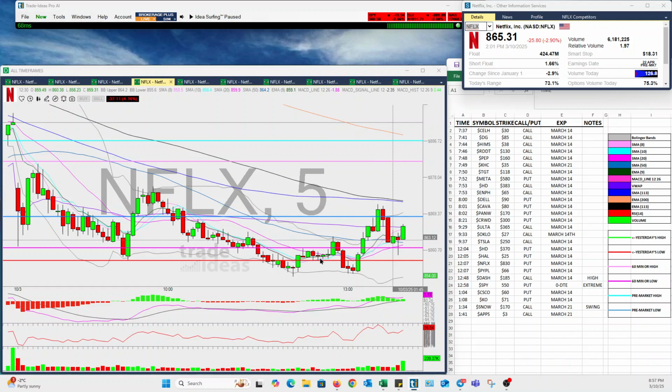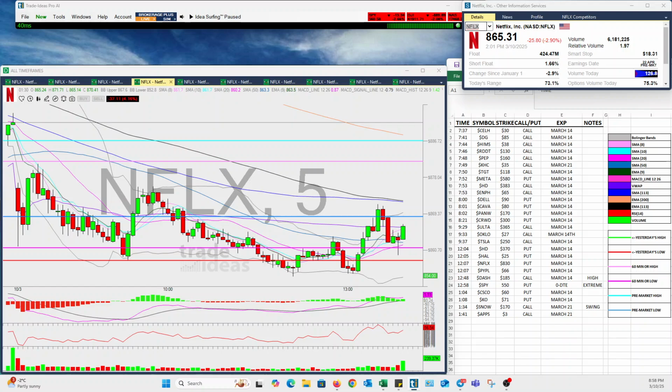So it was a bit choppy. There was an opportunity for a bit of a trade there, but that was later in the day. Or if you want to hold it as a swing, I guess it's not a swing. It was dated March 14th. So, or hold it for the week, whatever. But there wasn't much opportunity for a trade on Netflix today.